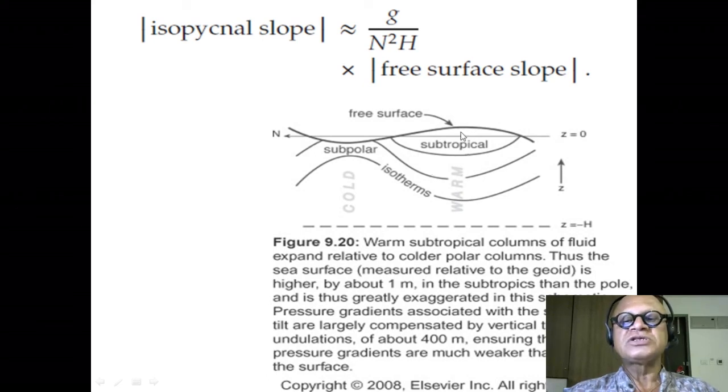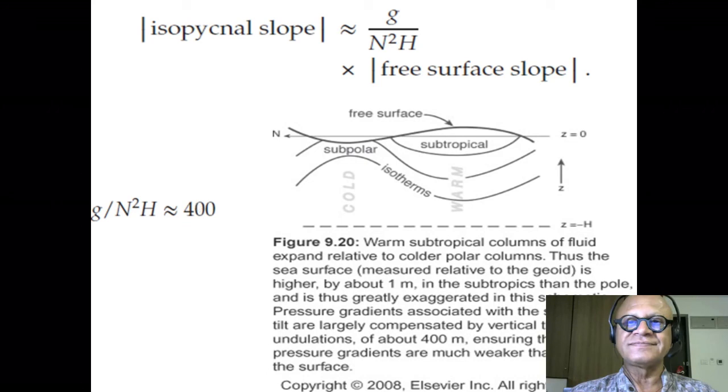How much is the free surface and the isopycnal slope fraction? What is the ratio like? You can do that by looking at g over N squared h, which is about 400, which means if free surface moves by about 1 meter, isopycnal surfaces have to move by 400 meters. That's all. Okay?